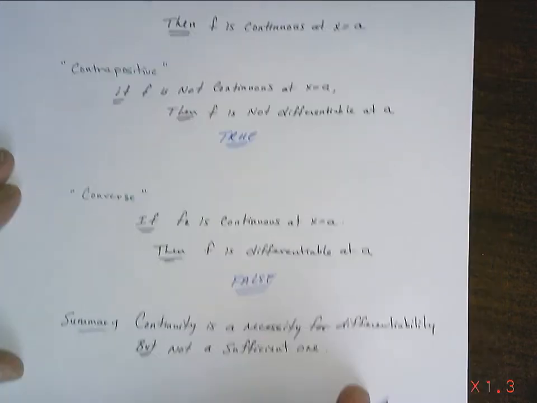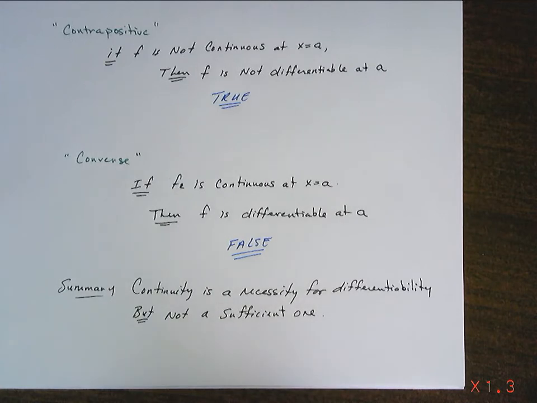Sir, we can't see. There you go. Sometimes. So continuity is a necessity for differentiability, but not a sufficient one. So just being continuous does not mean that you can be differentiable. However, you cannot be differentiable unless you're continuous. So you have to be continuous to be differentiable, but it's not good enough.